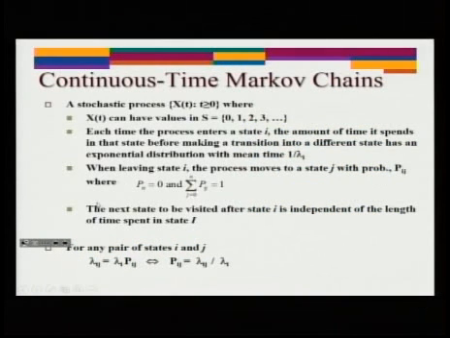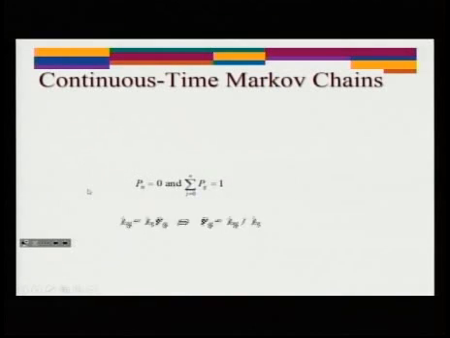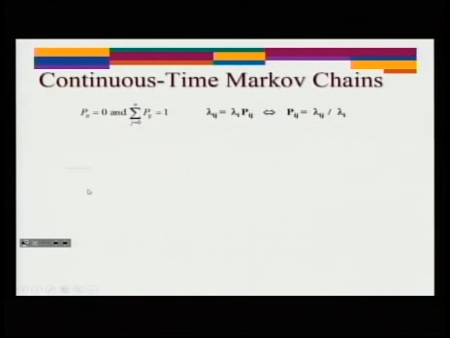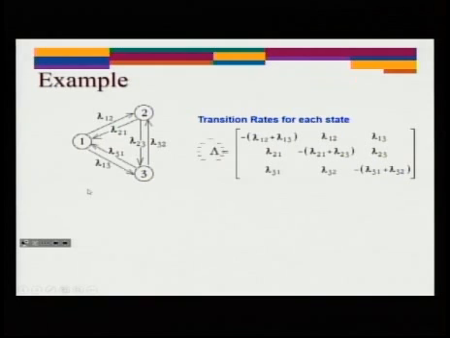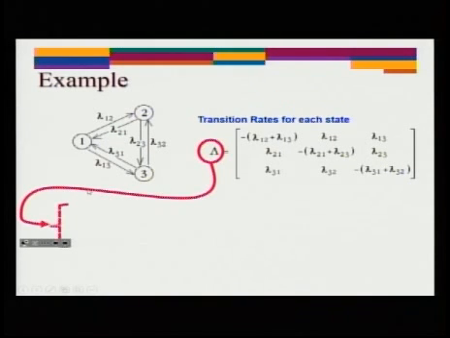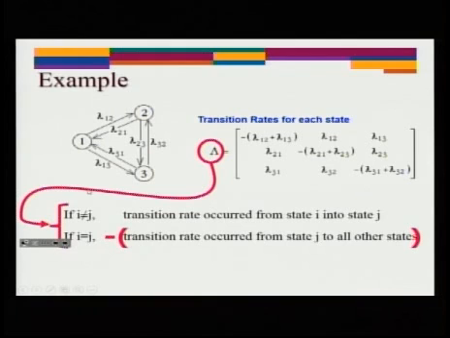And last time we also learned that from these two equations, we have come up with this relationship. So here lambda sub ij is the transition rate from state i to state j, right? That's what we talked about last time. And we also talked about how to build the matrix lambda that represents the transition rate for each state.